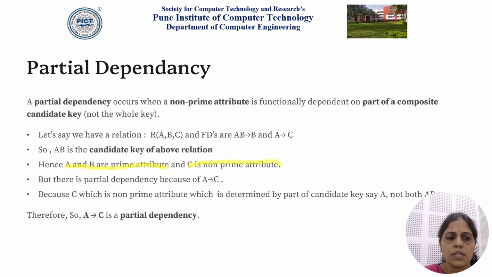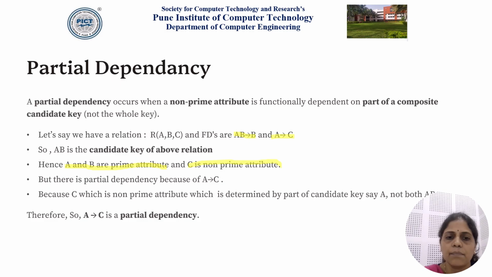According to this, AB arrow B means B is identified by all the prime attributes, not on a part of them. So here there is no partial dependency. But if you look at A arrow C, C is identified by a part of a candidate key.